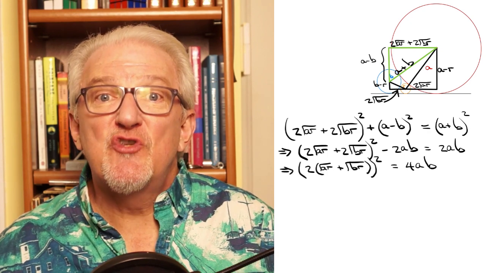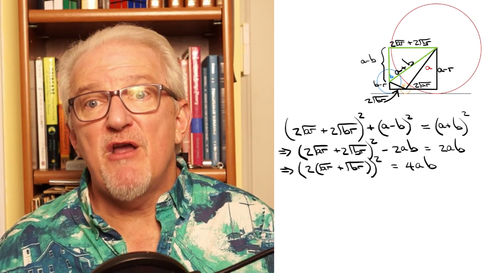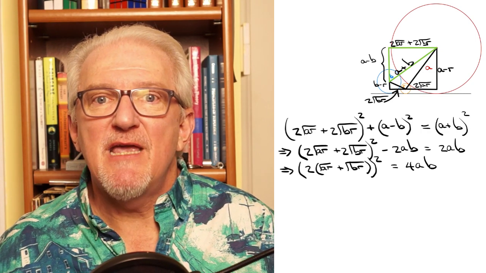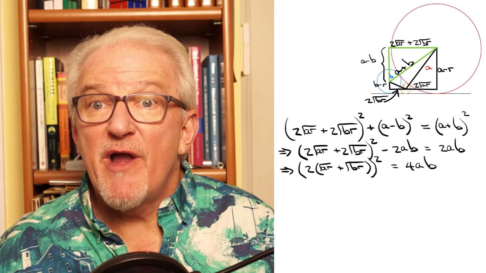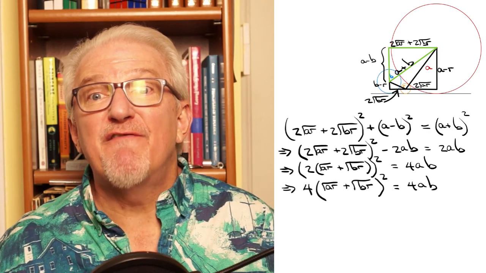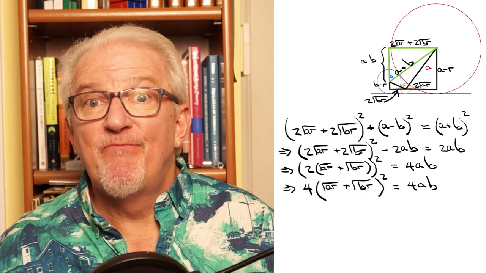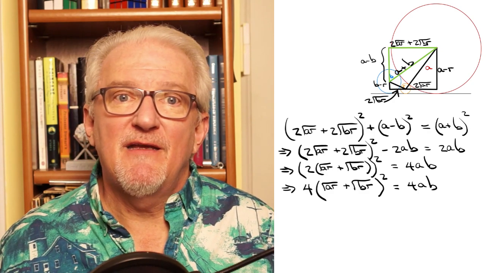In other words, (2 root ar plus 2 root br) quantity squared is equal to 4ab. And since 2 squared is equal to 4, we now have that 4 times (root ar plus root br) quantity squared is equal to 4ab.